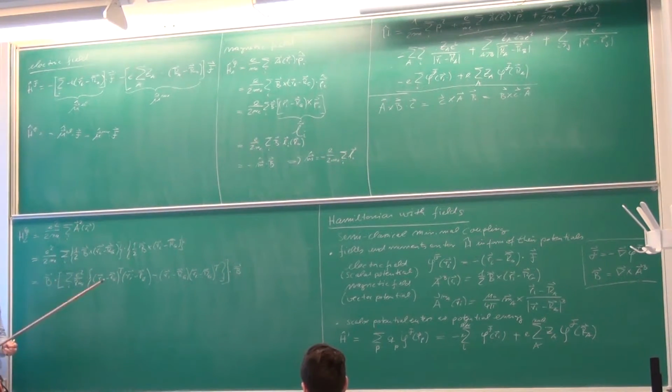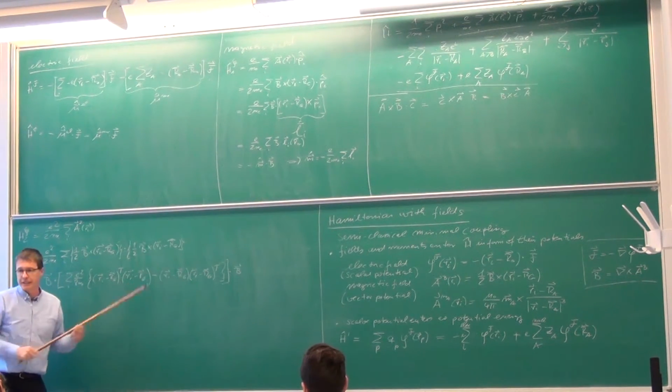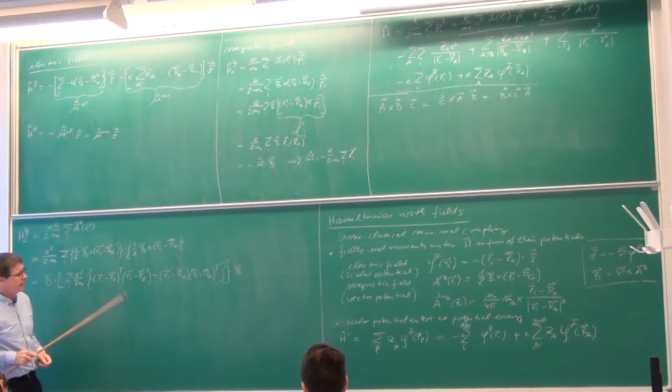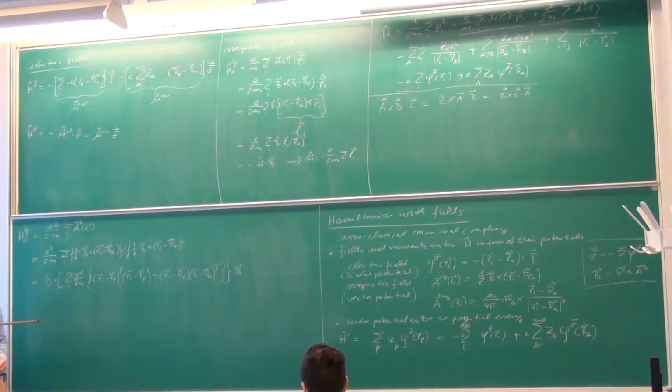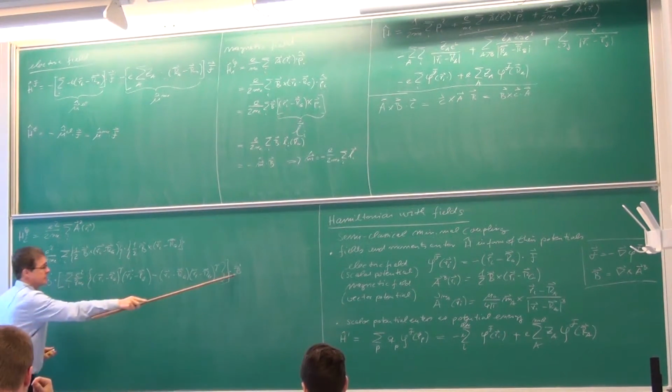So you can separate it in a part which is the external field and a part which depends on the electrons. And that's really important for us later, because remember we want to define properties as being derivatives of the energy with respect to the fields. And therefore it's really handy if we write all the operators nicely separated, a part which depends on the electrons and a part which only depends on the fields, which would be a bit difficult to do otherwise, so it's much nicer to write it in this way.